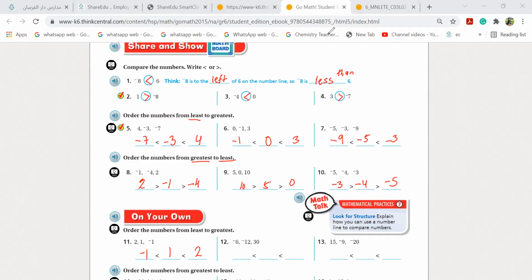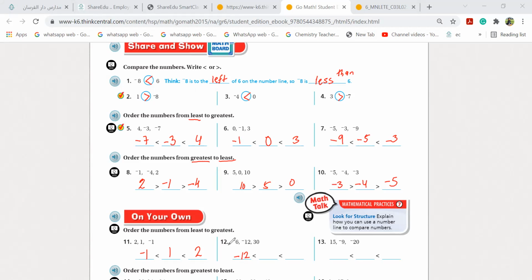Okay. Who else is there today that I did not call out? Juri Siraj. Yes, Juri. Least to greatest. Which one is the least? Is it 6? Say -6. But you know, the bigger number with the negative sign is the smaller one. So -12. Juri Siraj, it says least to greatest. Least means small to big.